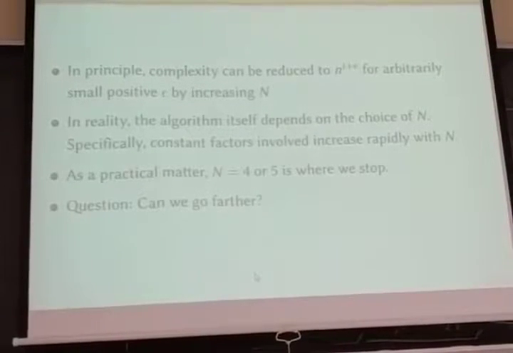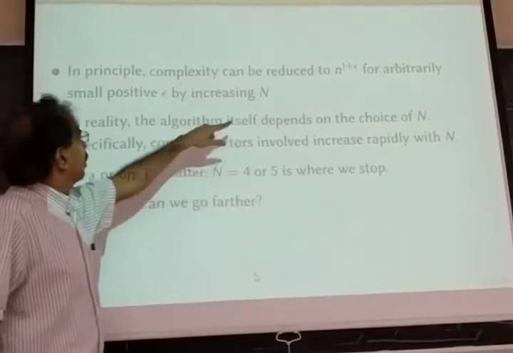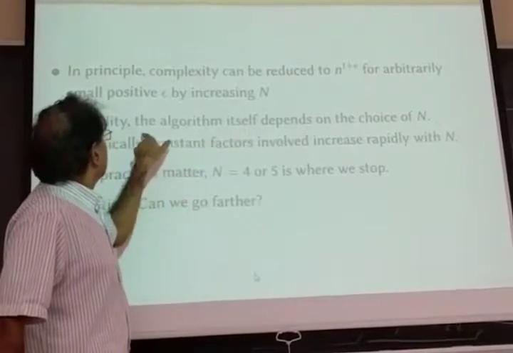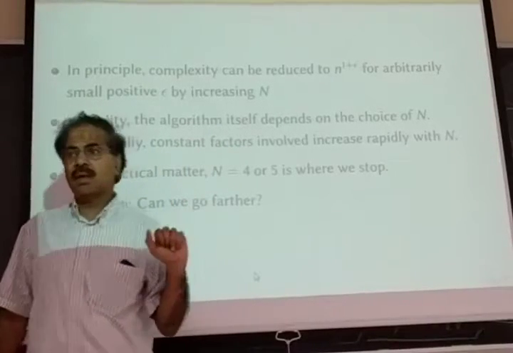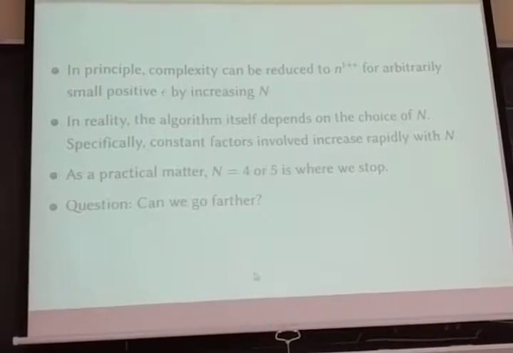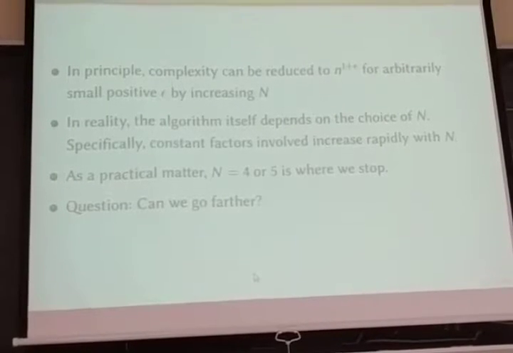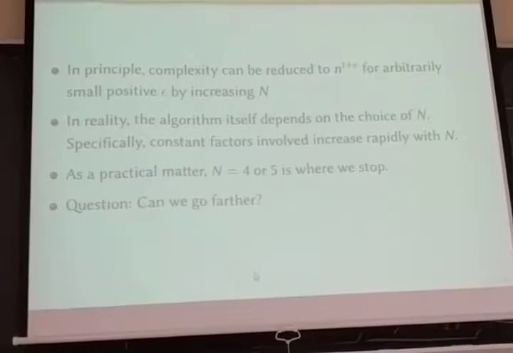But the problem is that the algorithm itself depends on the choice of capital N, right? Because you have to do a lot of additions. If you choose n points, then you have to do a corresponding number of additions, right? And also once the matrices become large, the operations involved will become more complex, right?